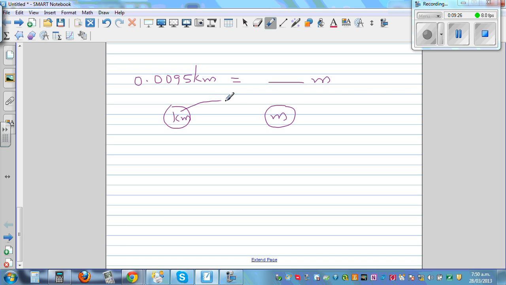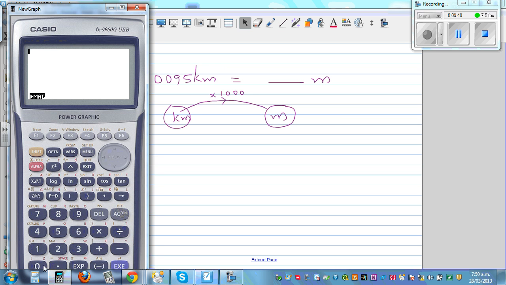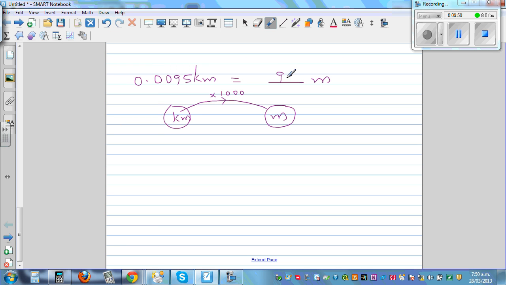We know 1 kilometer is 1,000 meters. So that's what we want. From kilometers, we want to change into meters. So you times it by 1,000. 0.0095 times 1,000 is 9.5 meters.